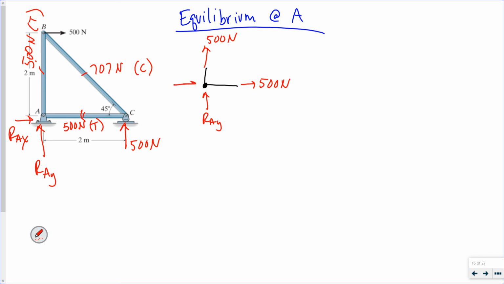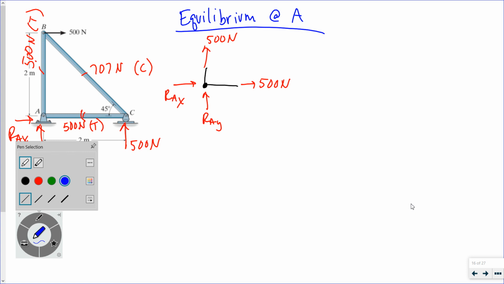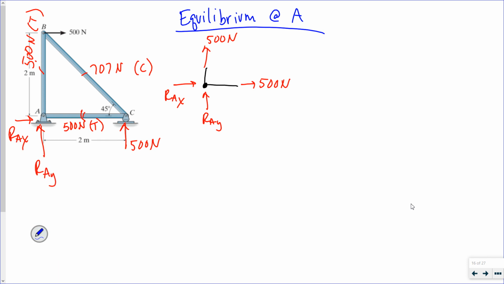If I assume that's to the right, you can see it's probably not. But this is where you can make your own decision. You can just say, I think it goes the other way, and draw it the other way. But let's just pretend that everything stays that way. So I only have two unknowns, and I have at least one known. So now I can solve using equilibrium.